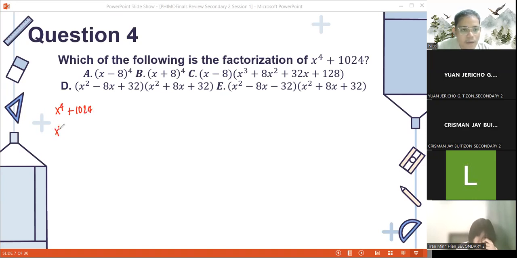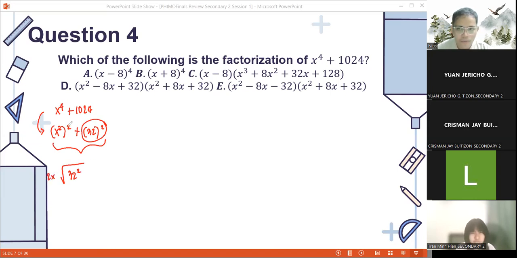But we can have this as x squared, squared, plus 32 squared, right? Am I correct? Now, we want this one to be a perfect square trinomial. How do we make this a perfect square trinomial? We take this value here, 32 squared, we take the square root of that, and then we multiply by 2.